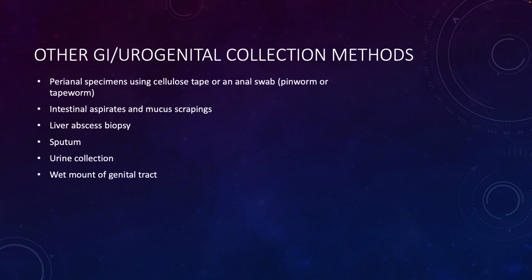You can do an intestinal aspirate or scraping of the mucus. If you suspect liver involvement, if the patient has a liver abscess, you'd want to do a biopsy. Sputum, urine collection. There are a couple that will go to the genital tract, so you can do a wet mount of the genital tract. So there are a number of different collection mechanisms.